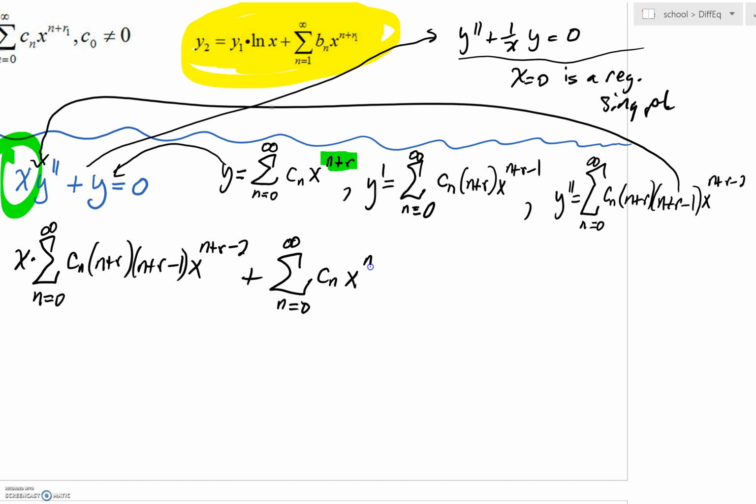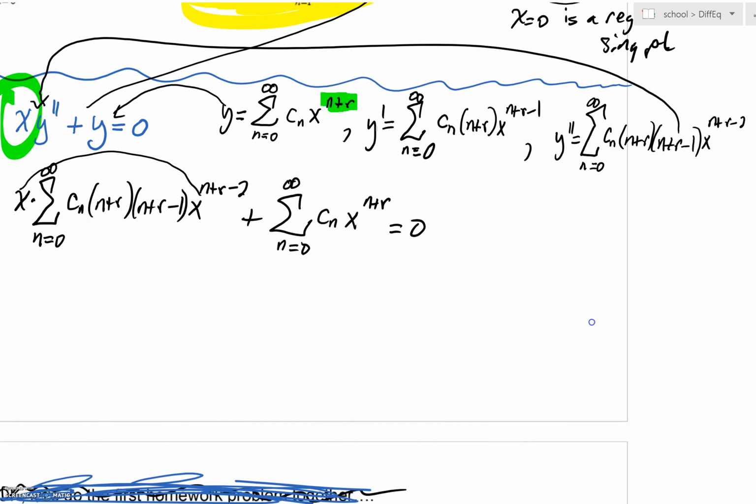We'll just have this thing right here. And as I multiply my x in here, I think you can see very quickly that we'd have a c sub n, n plus r minus 1, and here you'd have x to the n plus r minus 1.